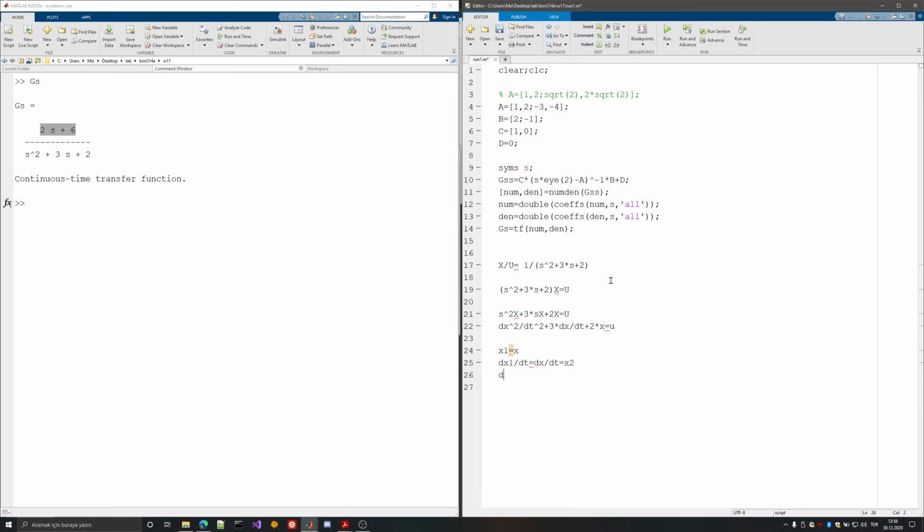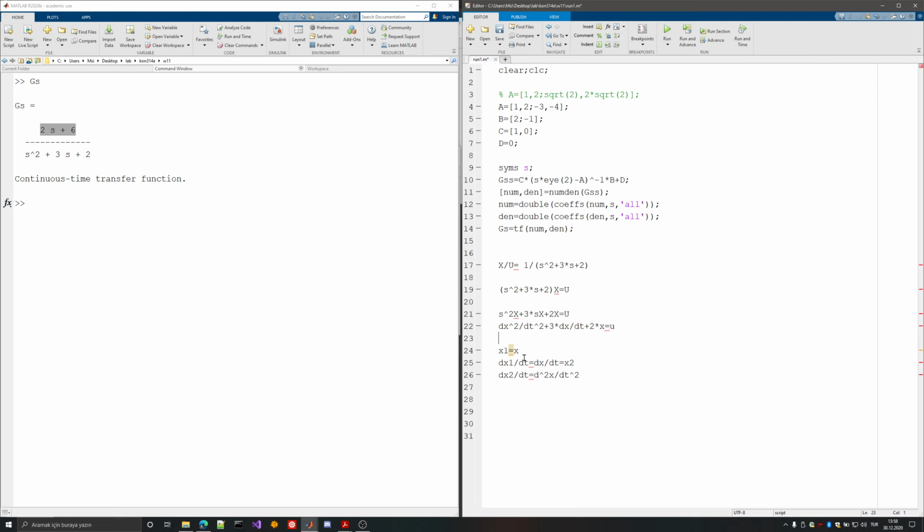So then you will have dx2/dt, and this should give you d squared x divided by dt squared, which means the second derivative of x, because it's the derivative of the derivative. And you will be able to use these in this equation, and you will end up with a nice equation set.